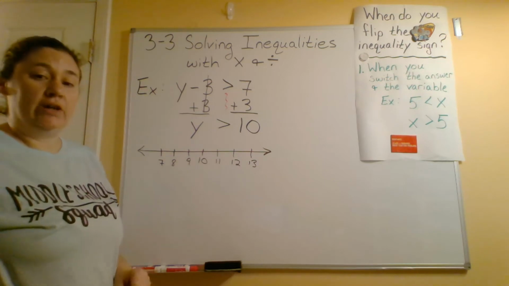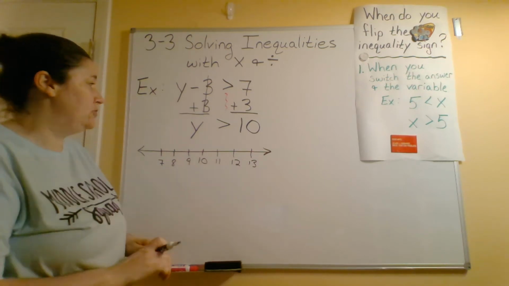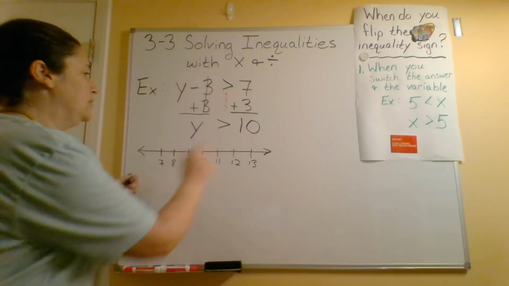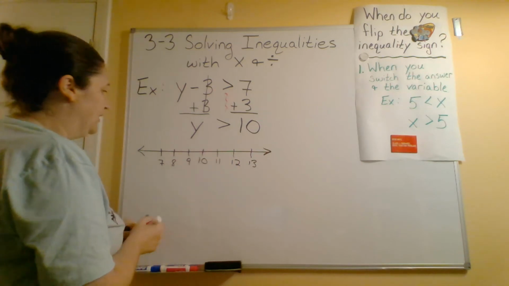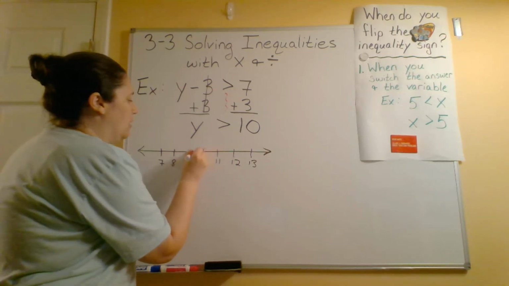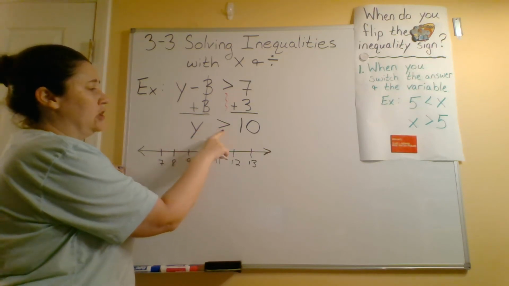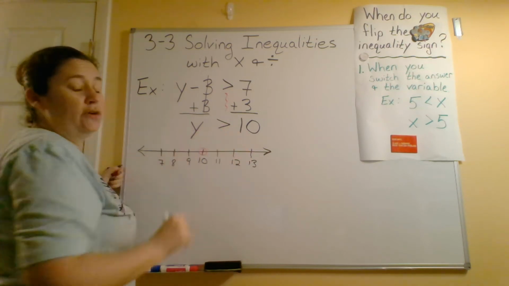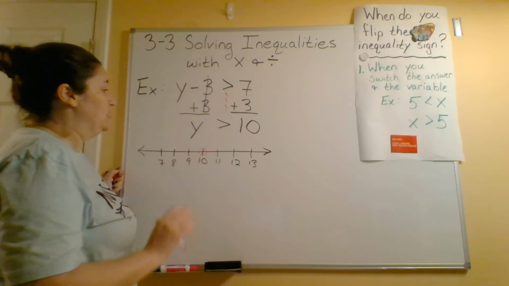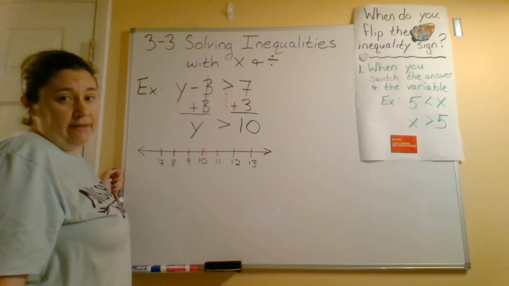You figure out if you should have an open circle or a closed circle on the number. The number is 10. I think I need to have an open circle on 10 because this says that we want all of the numbers greater than 10. It doesn't say greater than or equal to. So we do not want the number 10 to be on our line.